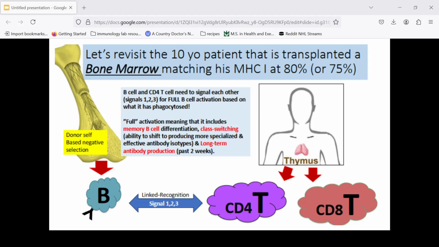And they are trained in our recipient. Our MHC1 match is going to be above a 75% because otherwise they wouldn't do it. But let's say the doctor read the numbers wrong and it's actually a 57% match. What we're going to see there is a rejection of the graft. And now I can't remember what the actual term is.